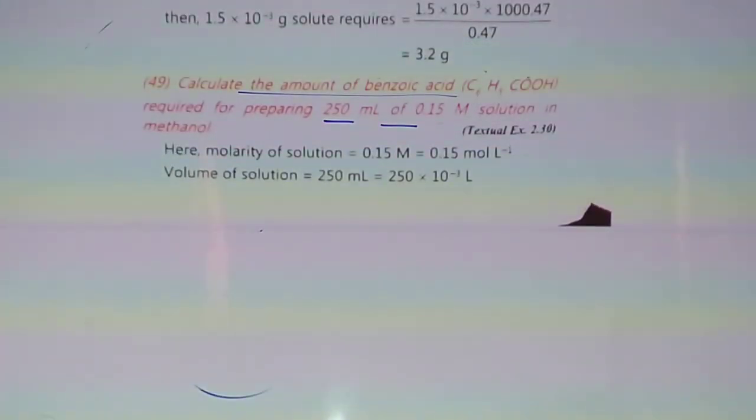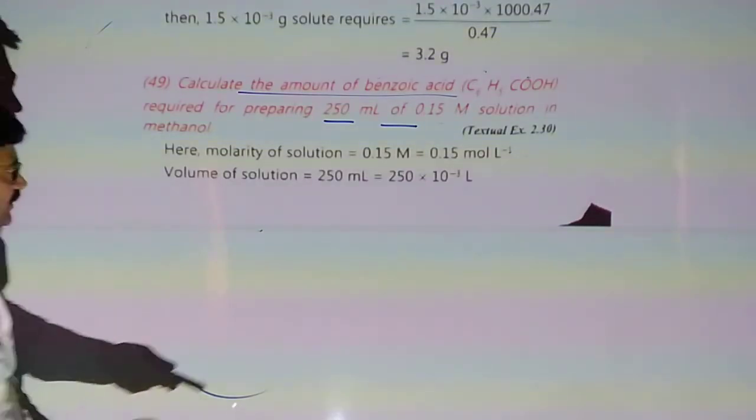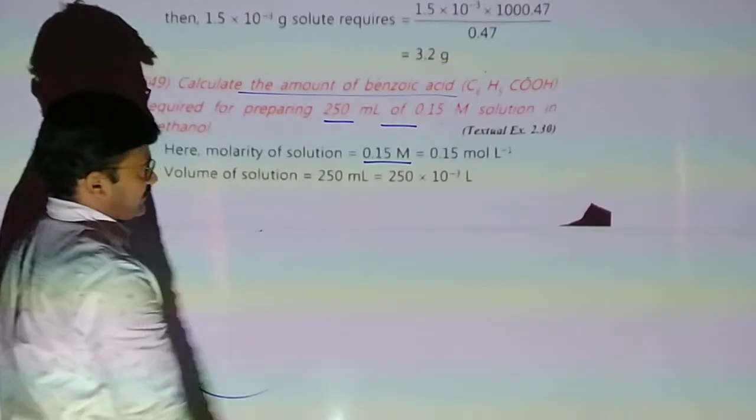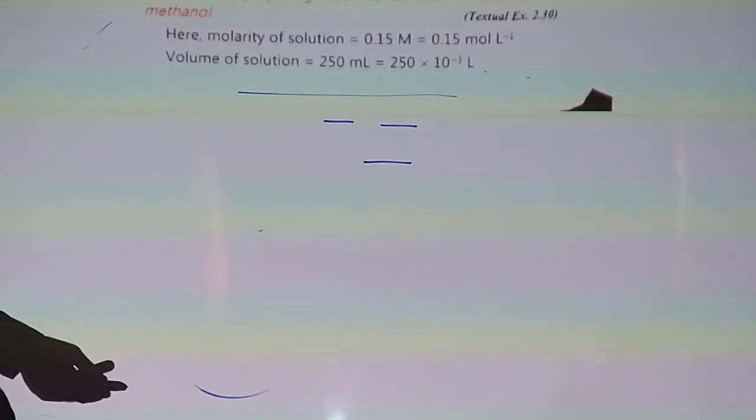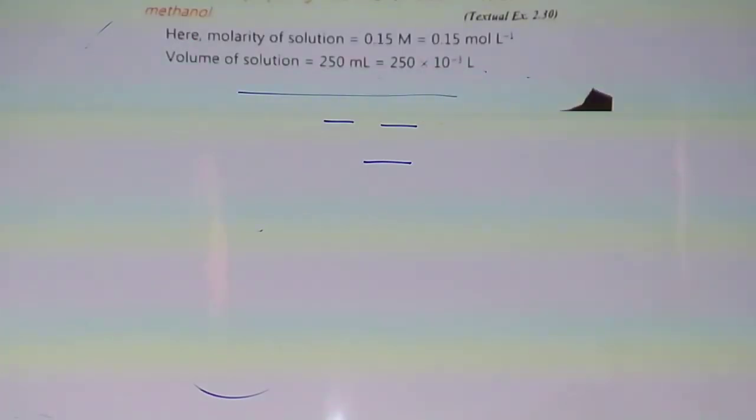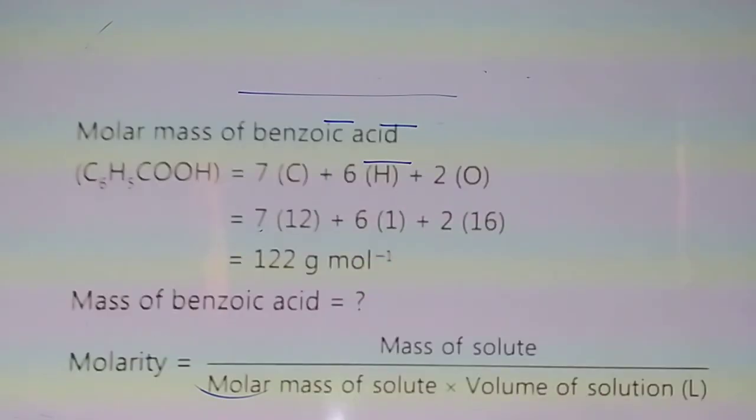How much benzoic acid is dissolved in 0.15 molarity and 250 ml solution. Molarity of solution is 0.15, so 0.15 mole per liter. Here volume of solution 250 ml, so 250 divided by 1000 gives liter.